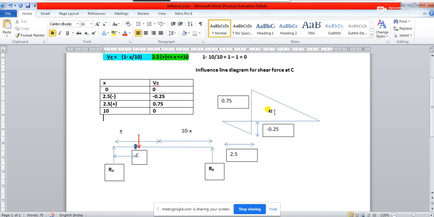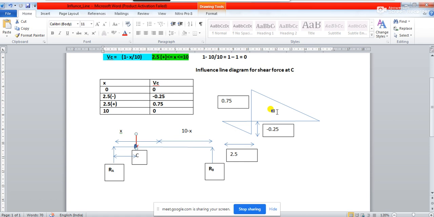And please try to understand from this that the shear force diagram for the same case, when you place a load like this on the point C, will not come like this. If you remember, how do you see the shear force diagram?